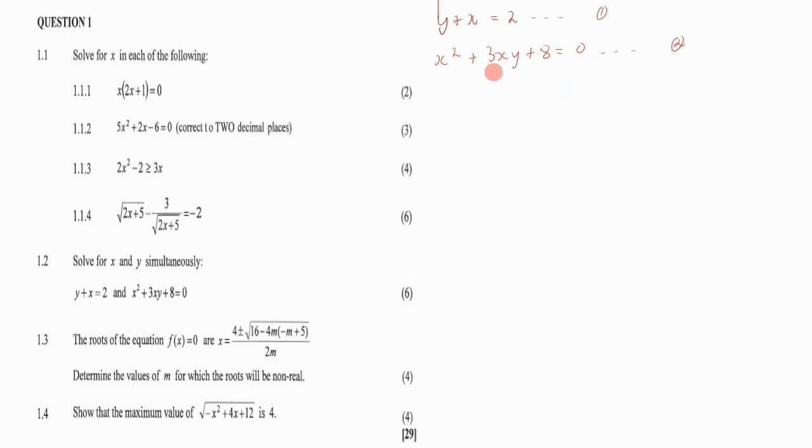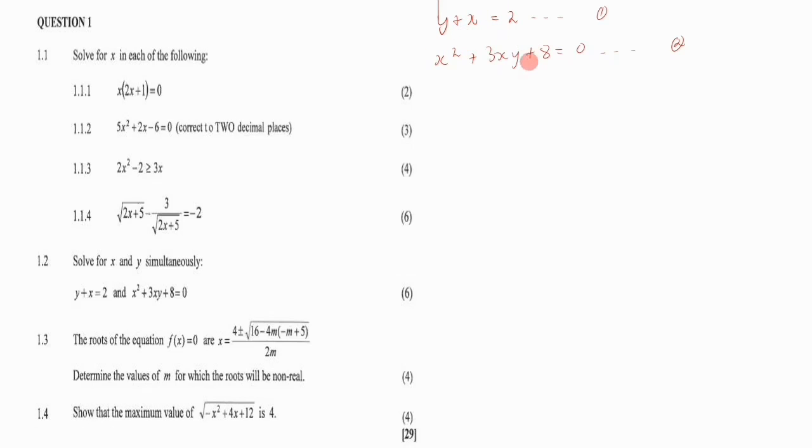Now, we know with simultaneous equations, we always want to choose the equation that is the simplest. So we want to work with the simplest equation. Now, we can see comparing equation 1 and 2, we can all agree that equation 1 is the simplest, right? It is straightforward. So here from this one, we will try to make one of these variables the subject of the formula. Now you have to be smart about this.